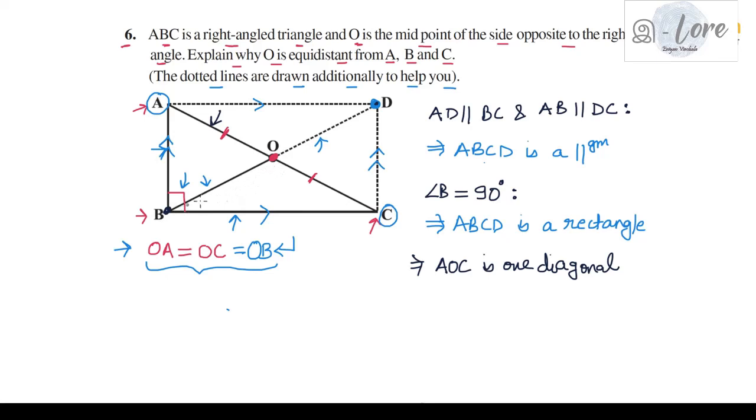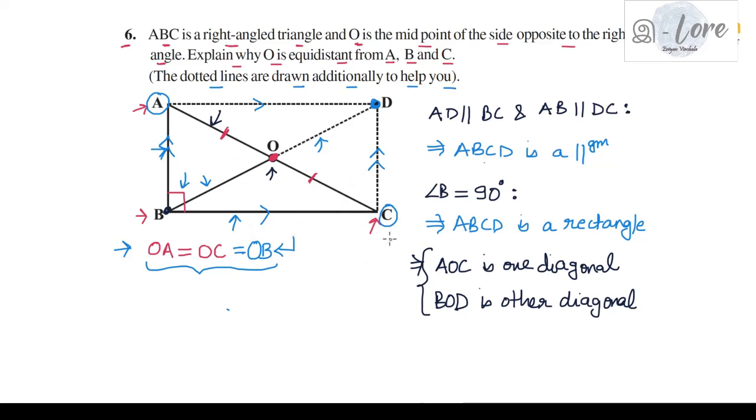So if we draw BD, it should pass through the midpoint O of AC, and this means that BOD is a straight line, and hence BOD is the other diagonal of the rectangle. So AOC and BOD are the diagonals of the rectangle ABCD.